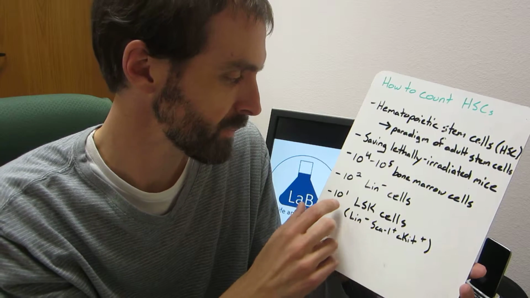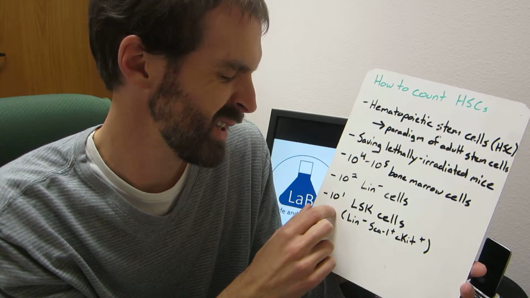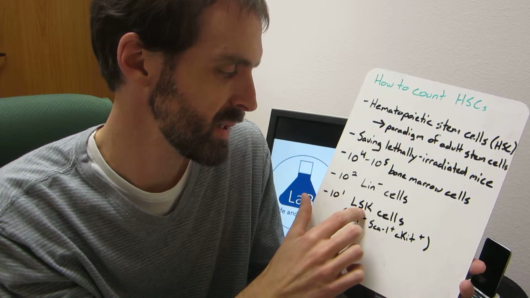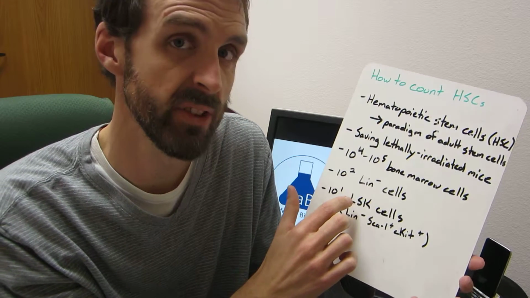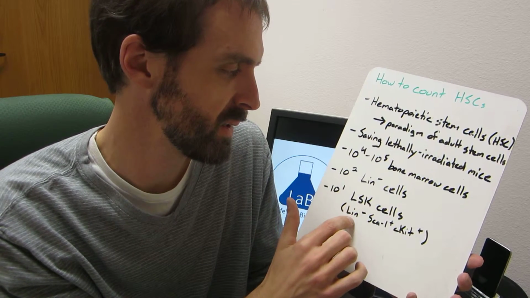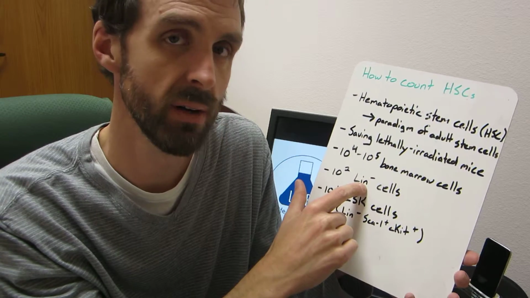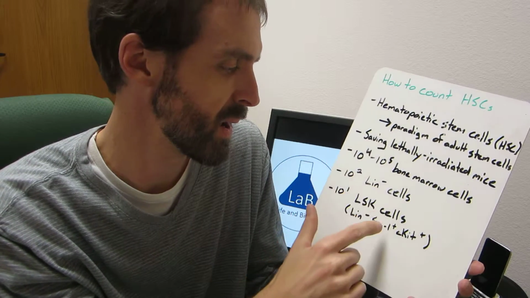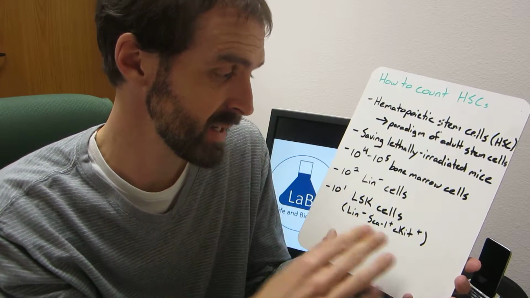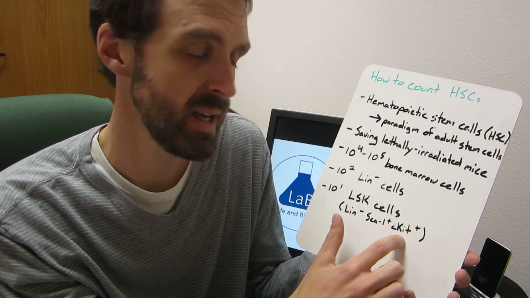And then a further step has been done where you select for cells that have been given the name LSK cells. What this means is that they're lin negative, so they've gone through this process of getting rid of all the cells that express a lineage marker, but then they're positive for 2 different proteins called SCA1 and c-KIT.